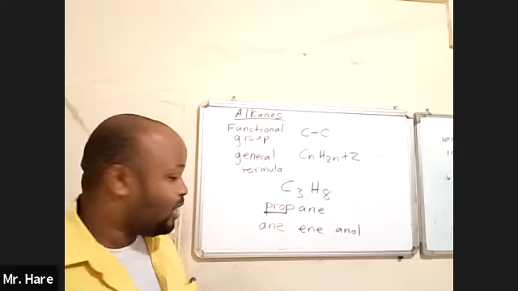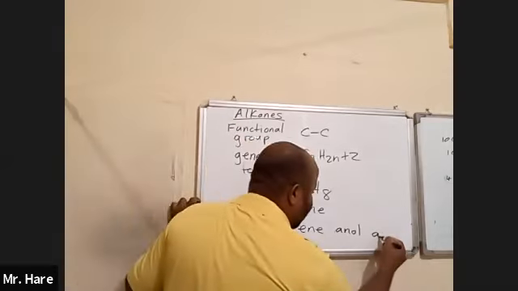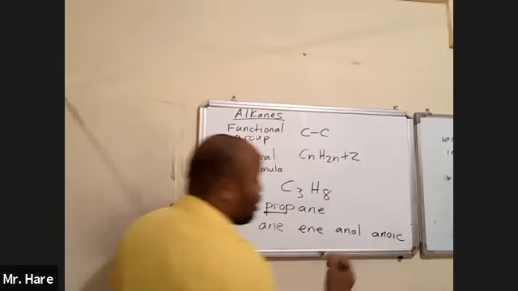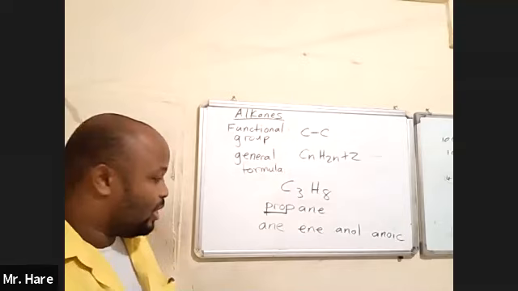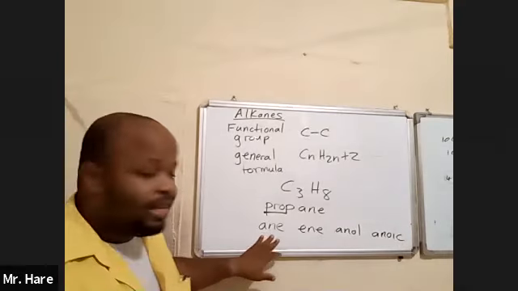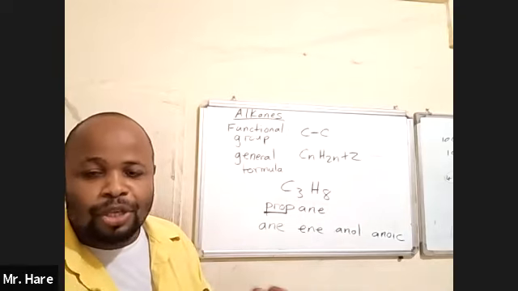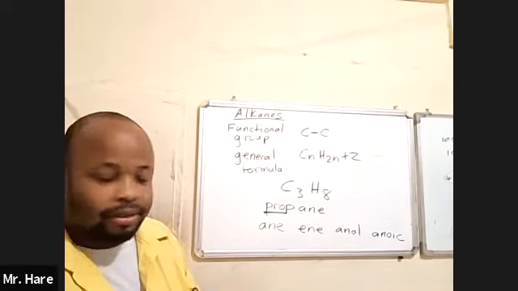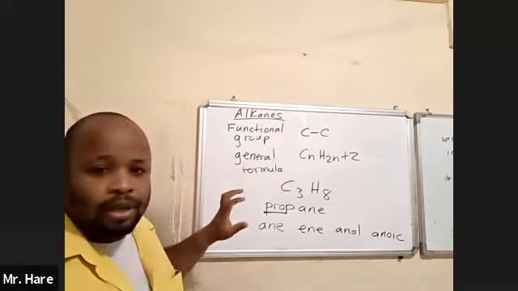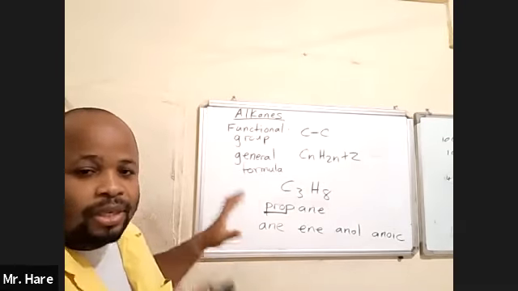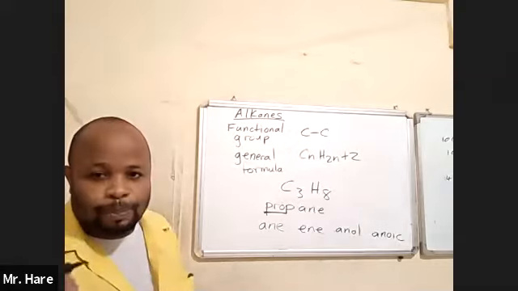Once you hear anoic, it's an alkanoic or carboxylic acid. So the ending of the name tells you the homologous series to which the compound belongs, and the number of carbon atoms is given by the first part of the name.